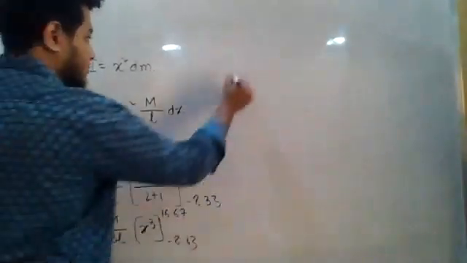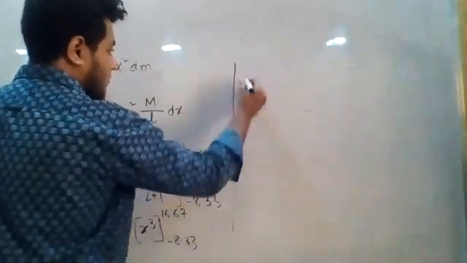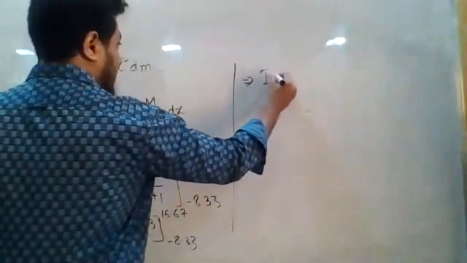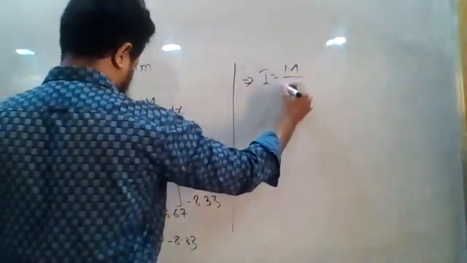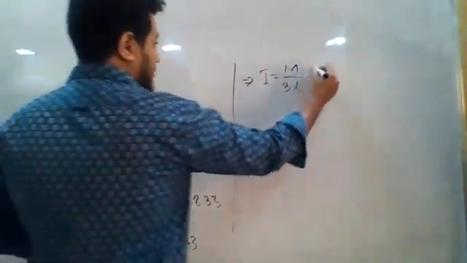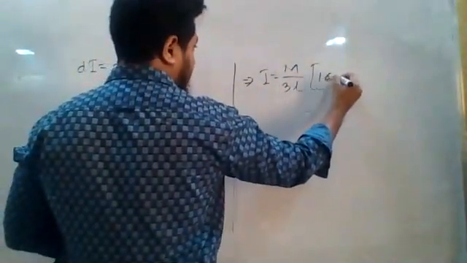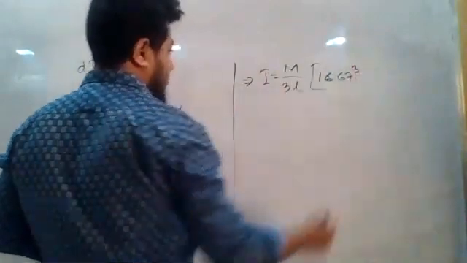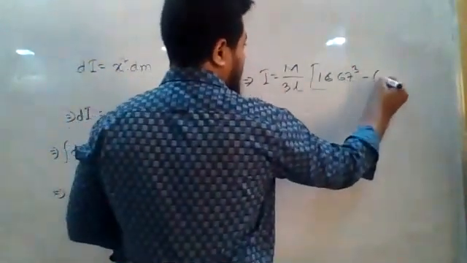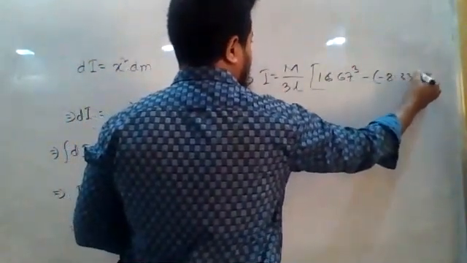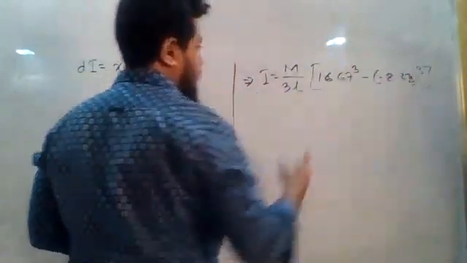This one I think you know already. I will show. I is equal to M by 3L, 16.67 whole cube minus 8.33 whole cube. This is supposed to be the way.